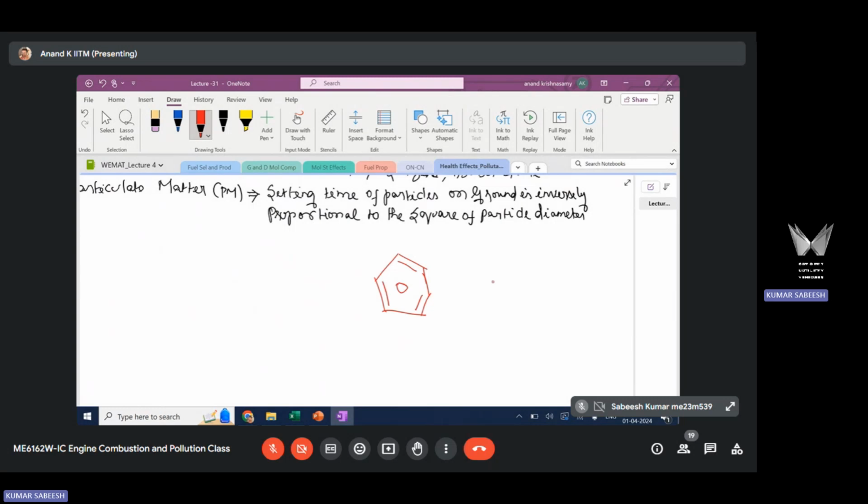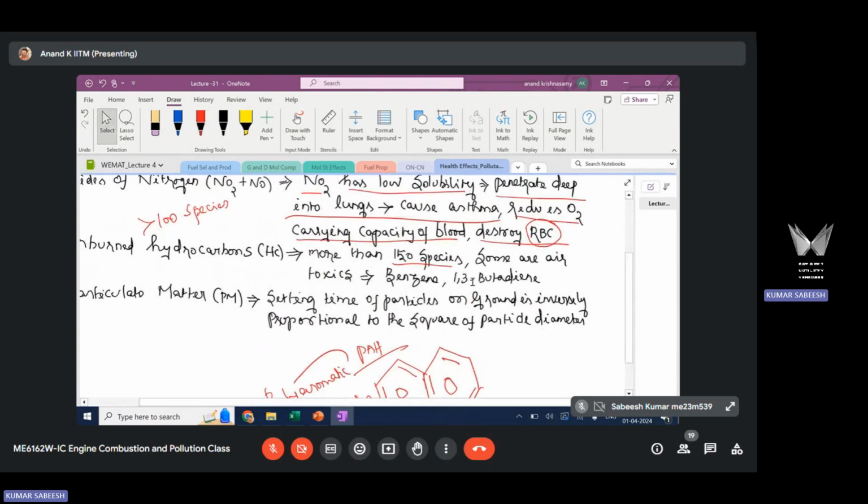And a more severe effect will be with PAH. PAH is polyaromatic hydrocarbon, so you will have more than one benzene ring. This is a typical molecular structure of PAH. This polyaromatic hydrocarbon has the potential to cause cancer. So once unburnt hydrocarbons are taken in, out of these 150 species, you also have this aromatic benzene ring-like structure, one ring or two rings.